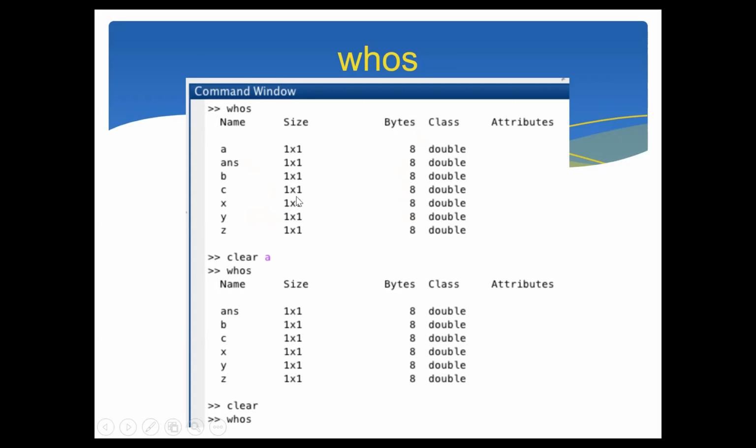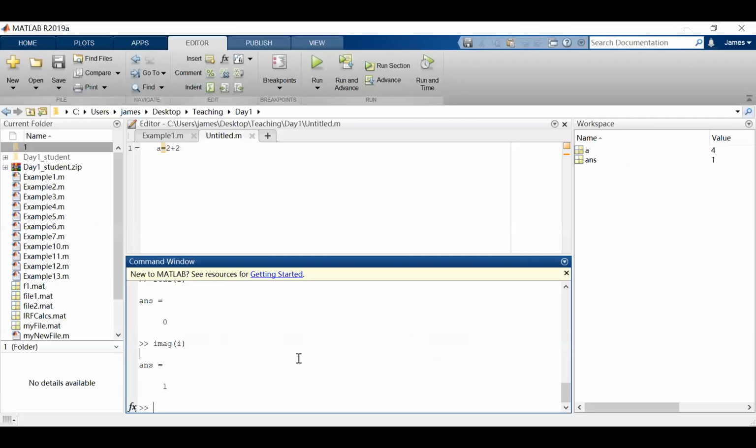And what if we want to delete some variables in the workspace? The command to do this is called clear. If you want to delete variables, you can simply use clear, then a space and the variable names. You can try this to see what will happen. Let me first check my workspace. I have a and ans.